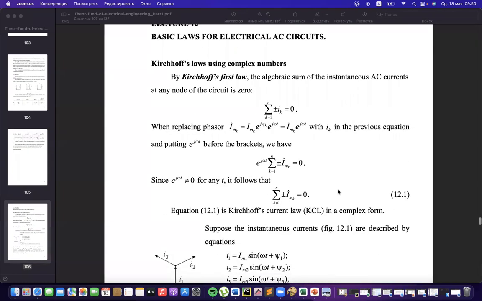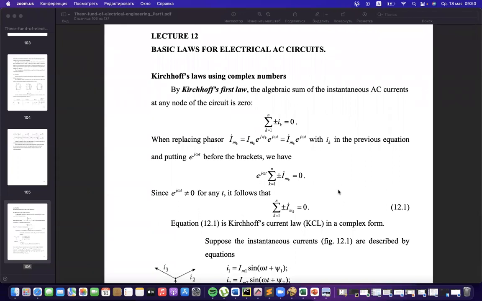Then let's move forward. We said that all basic laws stay true. It is so. You could use Kirchhoff's current law for complex numbers. You could use Kirchhoff's voltage law also for complex numbers.